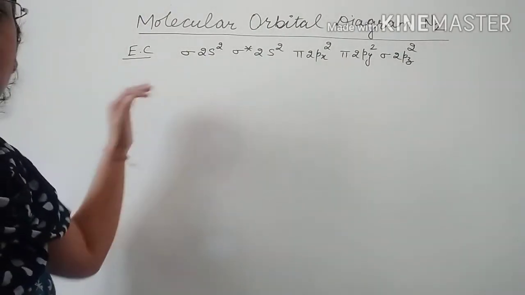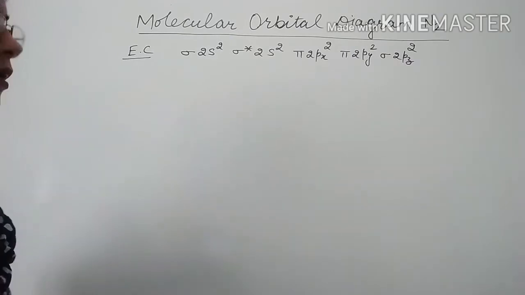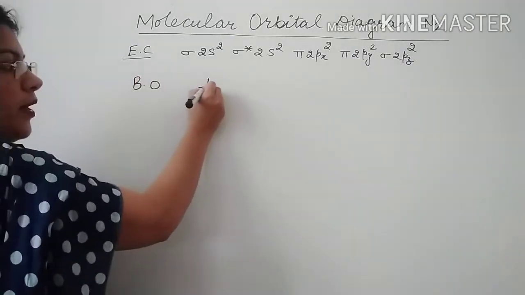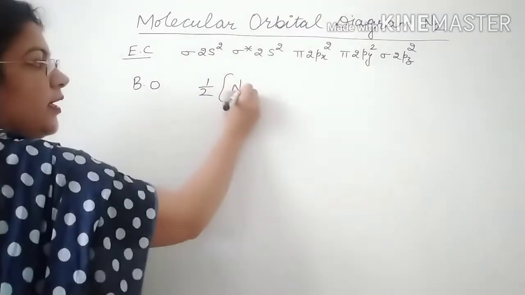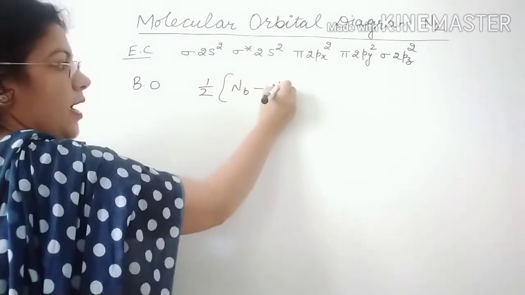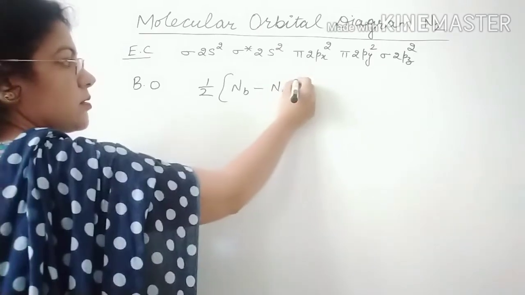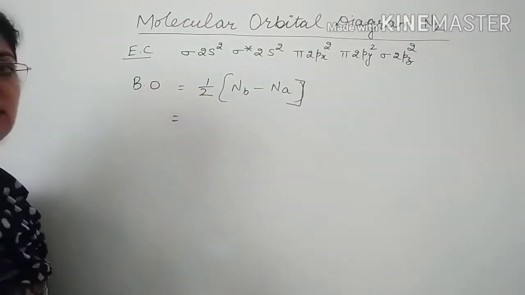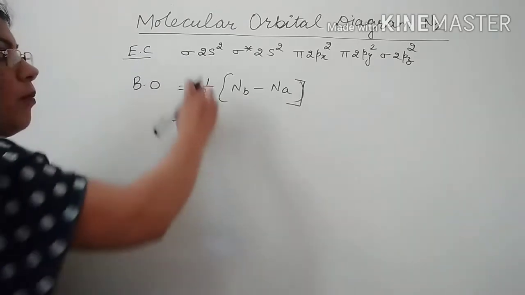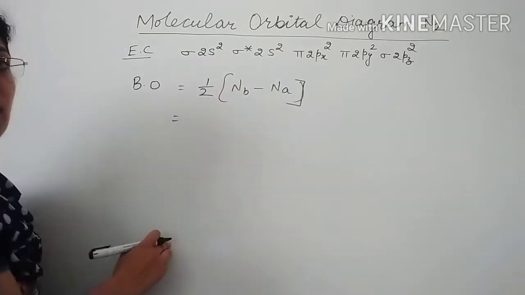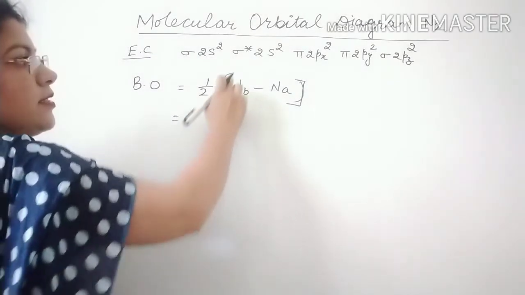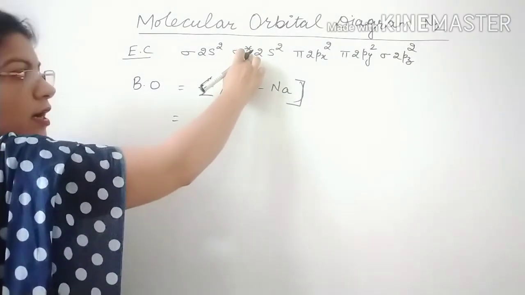After this we have to find its bond order. For bond order we have the formula: 1/2 times bonding electrons minus antibonding electrons. In this electronic configuration we can easily find bonding as well as antibonding electrons, as antibonding orbitals are represented by star.